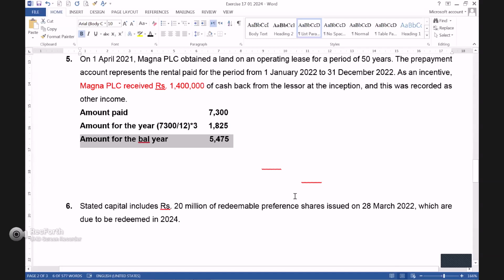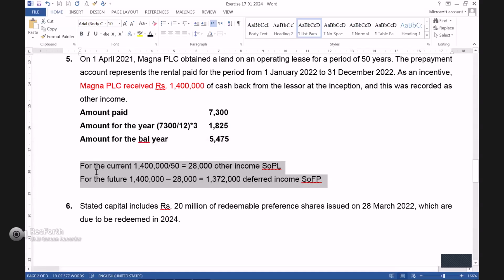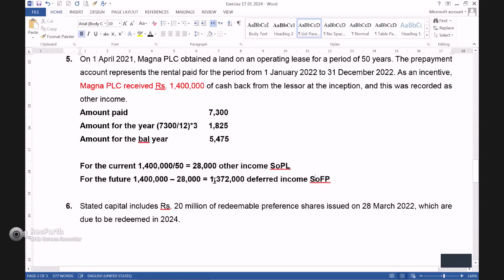Now we have to find out the income. They received 1.4 million. For the current year, 1.4 million divided by 50 is 28,000 as other income.